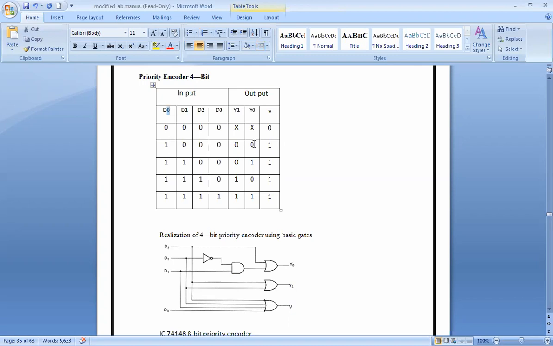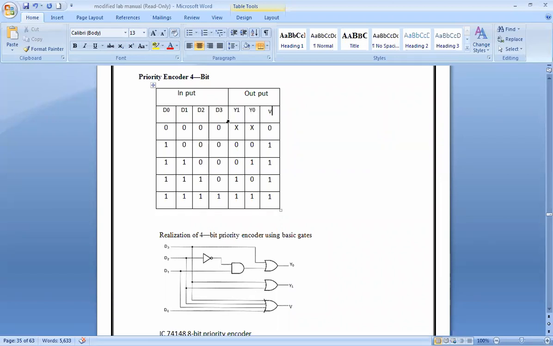So I will be getting it in decimal and in binary form. Decimal form is 0 and my binary form is 0, 0. You have three output terminals here: Y1, Y0 and V. V will tell you if the output is valid or not.